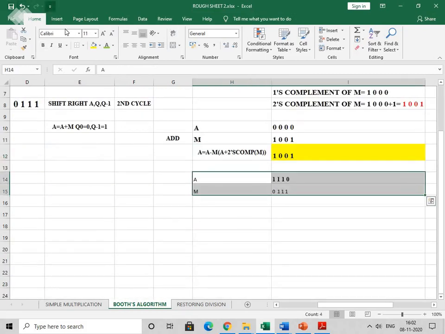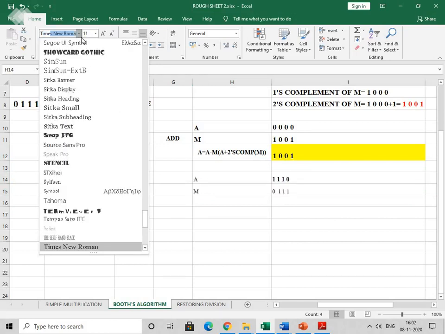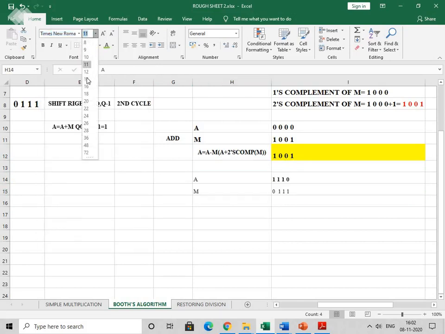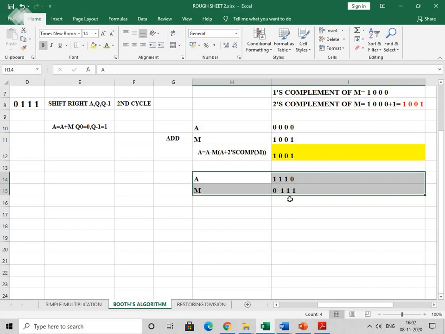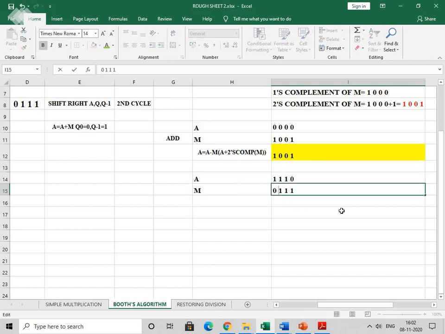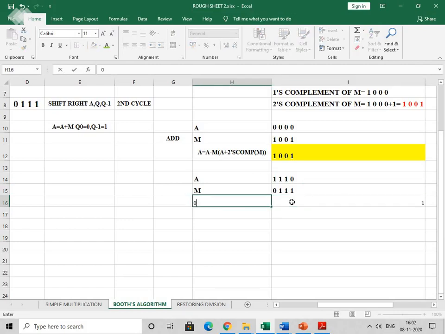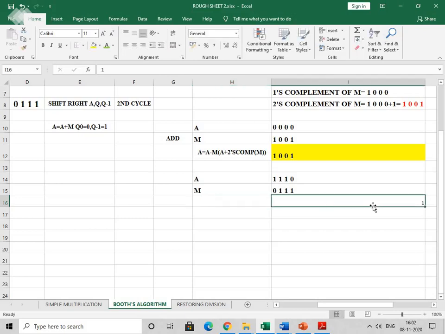Do the addition of this. Just a minute, I will do the addition. So 0 1 will be 1, 1 1 will be 0, 1 1 will be 0, carry 1, and again 1 1 0, carry 1, 0 1 will be 1.